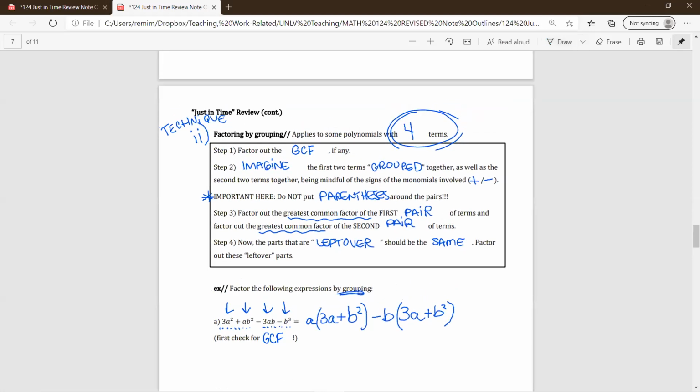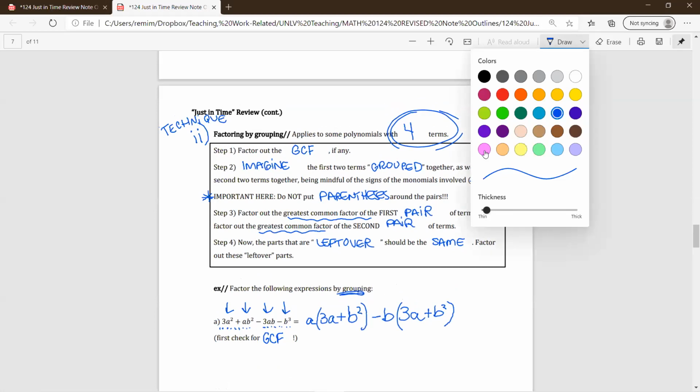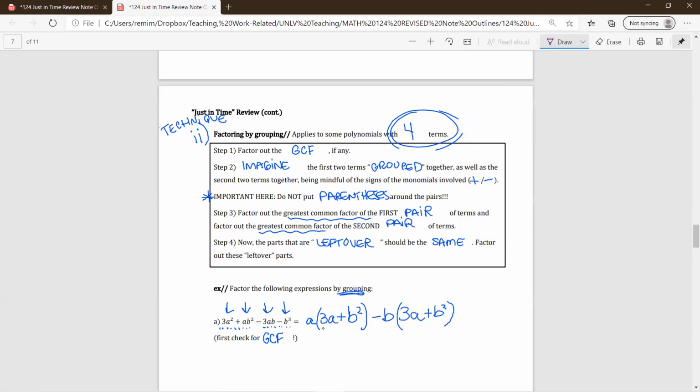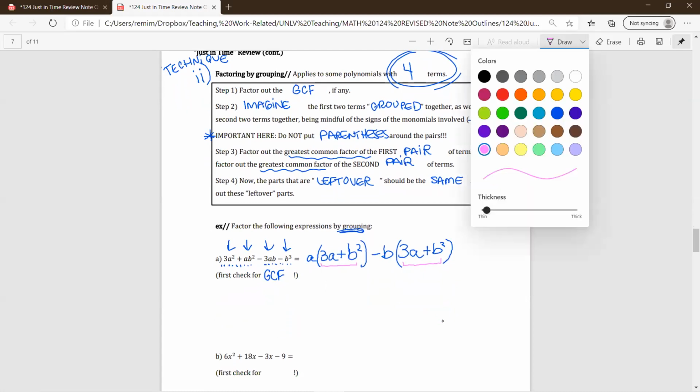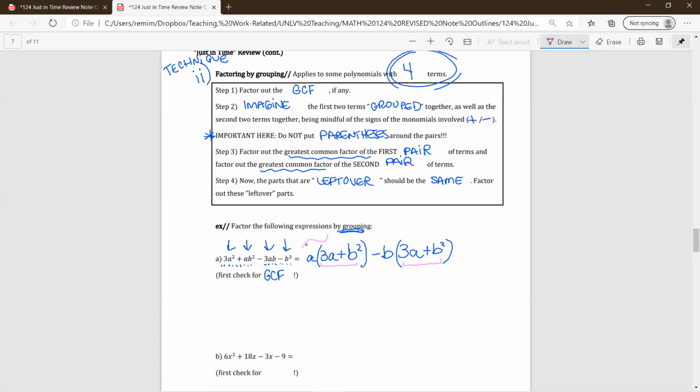And for me, my leftover parts, I'm saying are here. That's a leftover, and this was leftover. When we pulled the GCFs out, those were our leftover parts. And since they're the same, they're basically like a GCF, because if you look at this part as one big term and you look at this part as one big term, you can ask yourself, what do those 2 parts have in common?